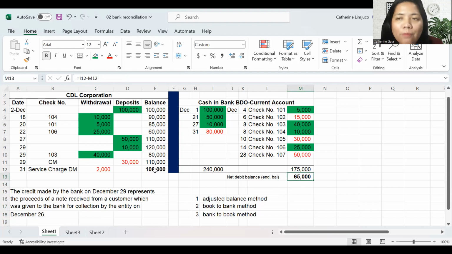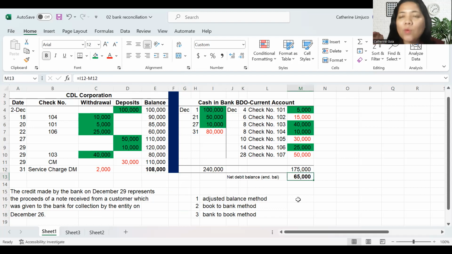And for our bank statement, our cash in bank is 108,000. So under book to bank method, we will adjust our 65,000 to come up with 108,000. So what are the reconciling items so that you can arrive at the bank balance of 108,000? Similarly, under bank to book, we start with bank balance 108,000. We will make adjustments to come up with the book balance of 65,000.